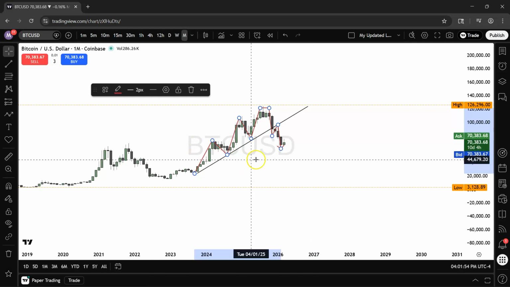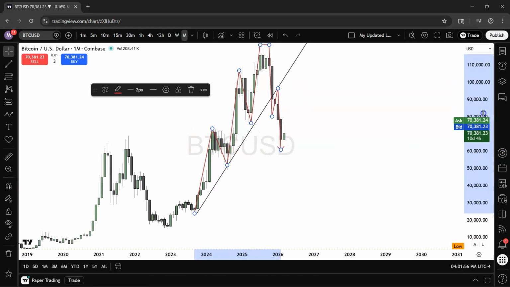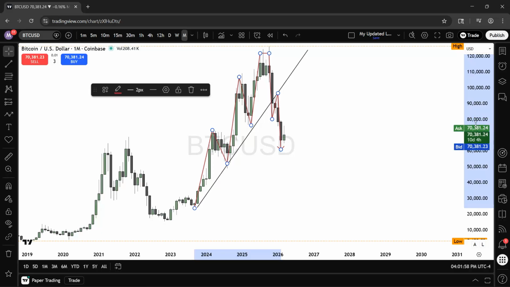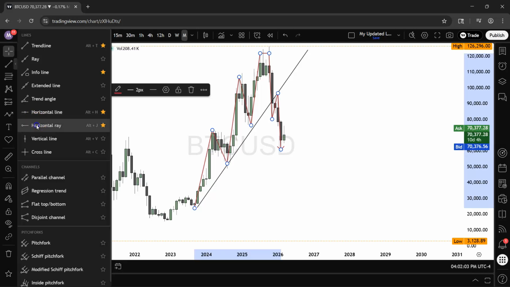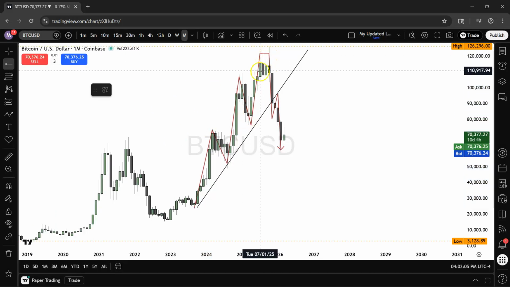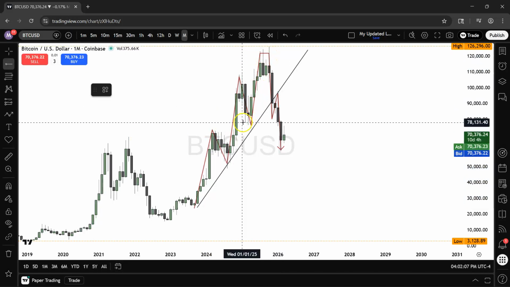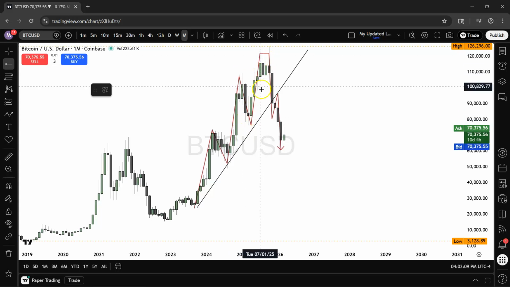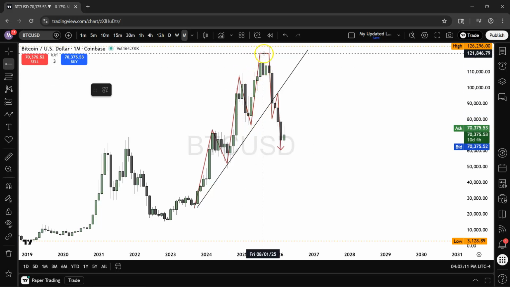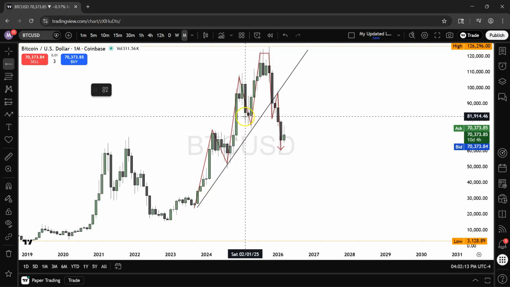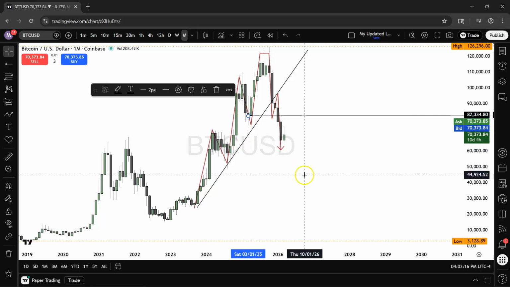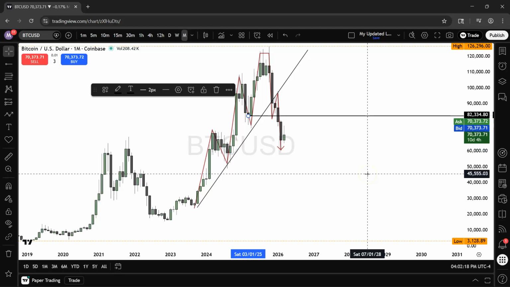Before we go into the lower time frame, the reason why I say there was a market structure shift, and please write that down, market structure shift: if you look on the left side here, the last low before the high, this candle right here, if anything goes below that candle, you have a market structure shift.